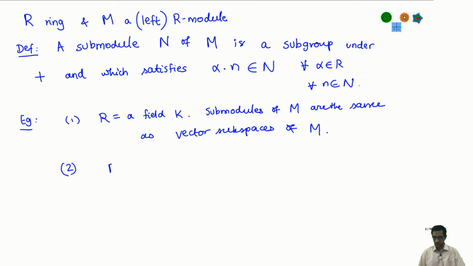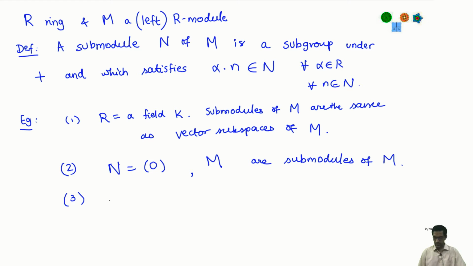Given any module M, I can construct two obvious submodules: the 0 module and the entire module M. These are sometimes called the two trivial submodules, the 0 on one end and M on the other end.